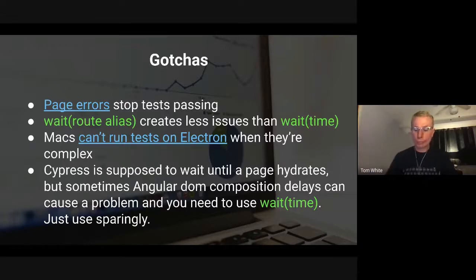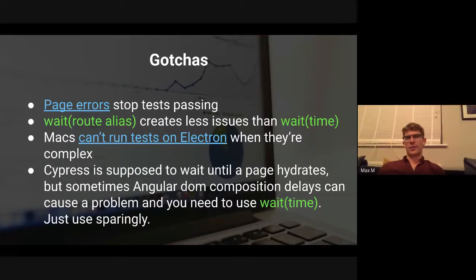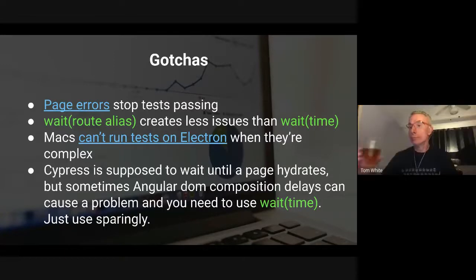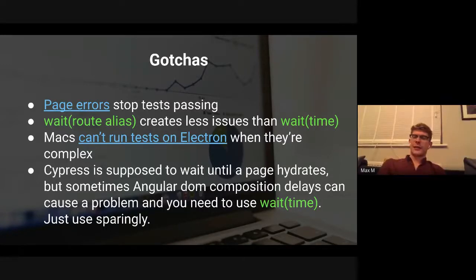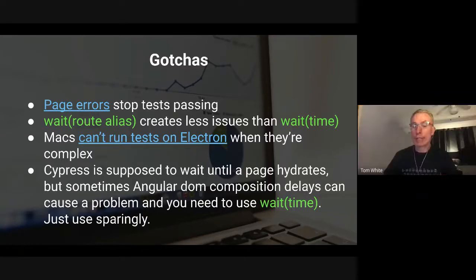I've used Selenium a long time ago, and you could configure Selenium to wait until a query selector returns true. That's right. Technically, what Selenium is doing during that period is constantly pinging it, maybe every 50 milliseconds, trying to find that query selector. And Cypress works on the same basis.